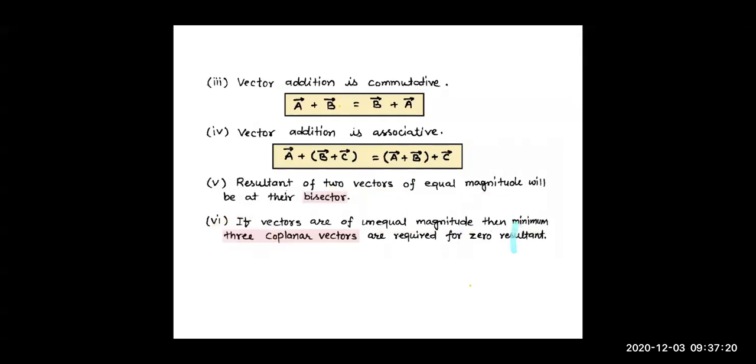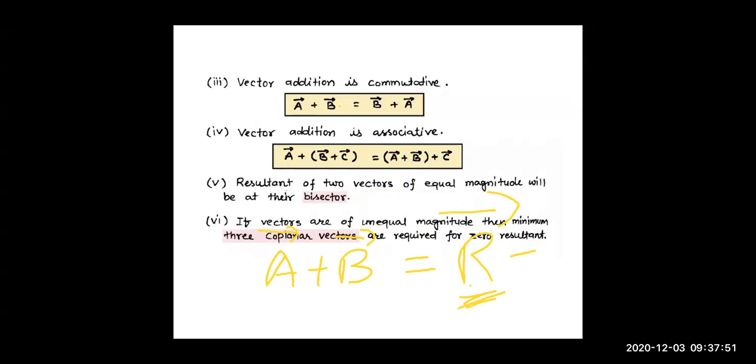For example, you are having 3 vectors A, B and C. Suppose the vector addition of A and B gives you a vector, that is R. Now, if you want to get the resultant as 0, then what you will do? You require one more vector which should be equal to this resultant, plus it should be in the opposite direction.